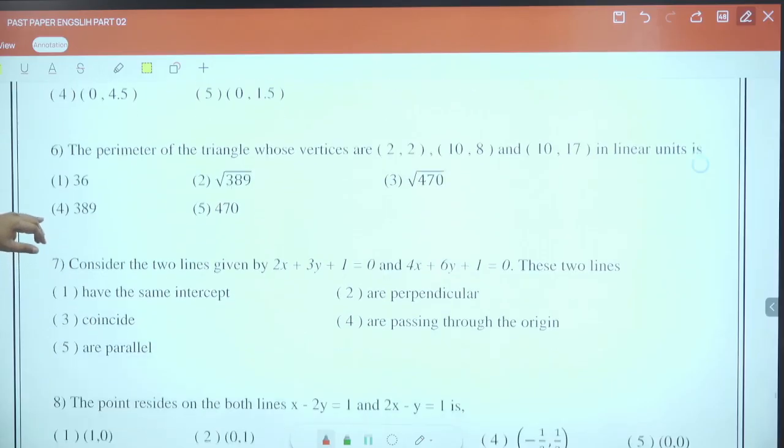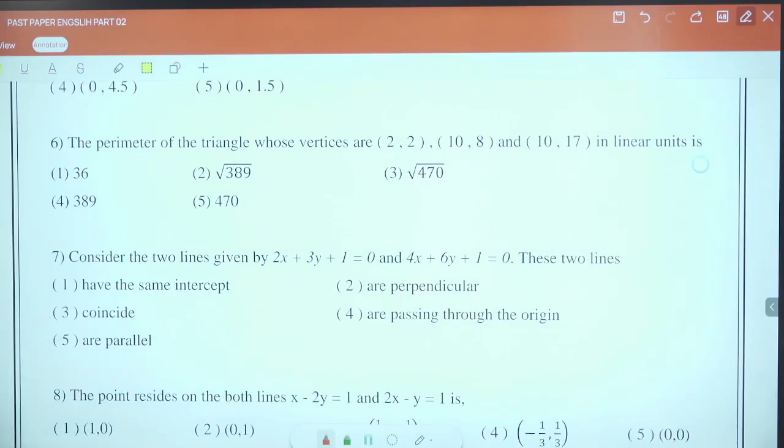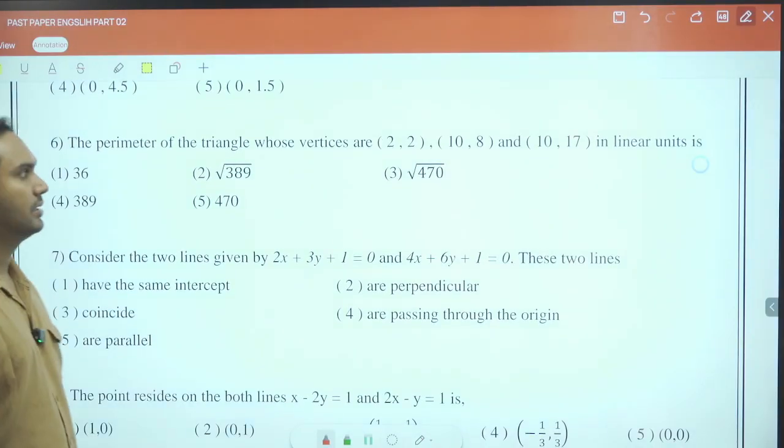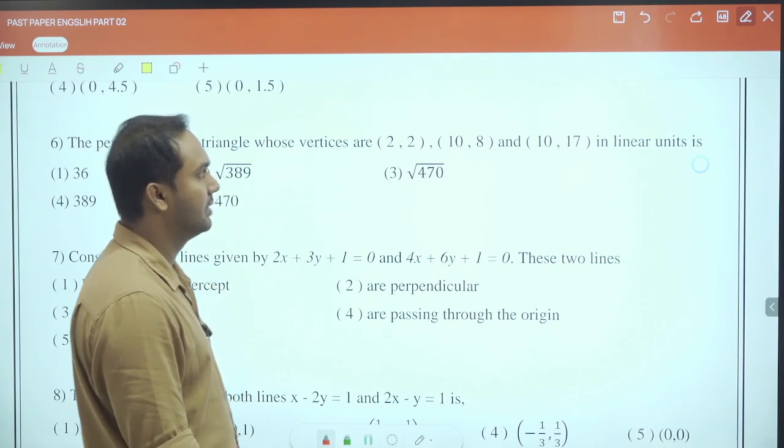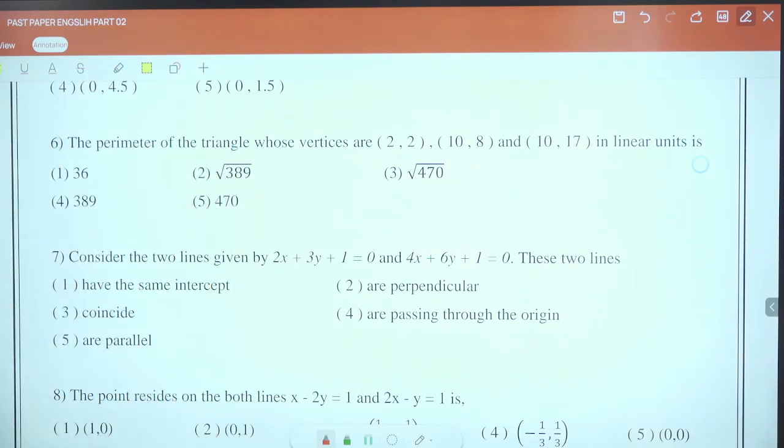Sixth question. The perimeter of the triangle whose vertices are (2, 2), (10, 8), (10, 17), in linear units, is... So you have to draw a sketch first.